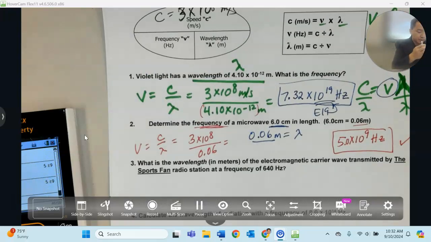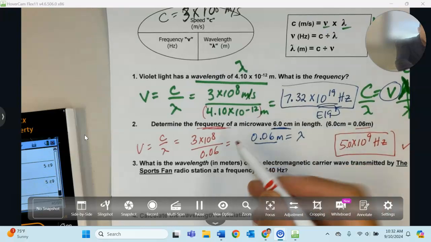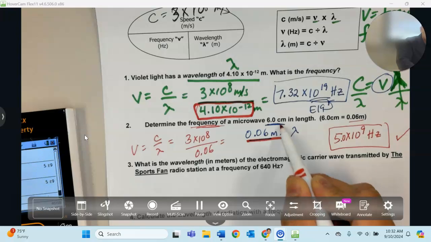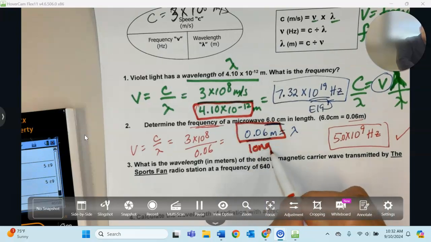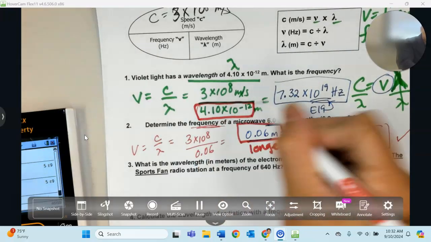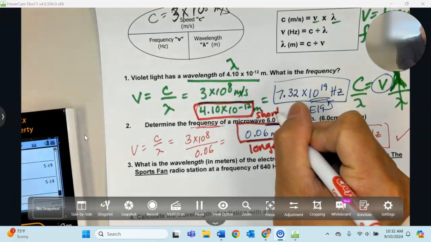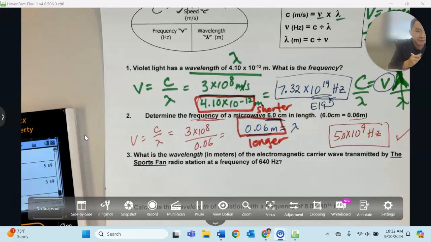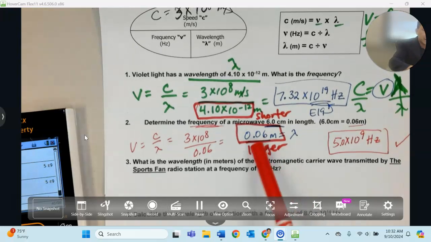So notice the difference here. The key point we want you to get out of this lesson in this class is that this wavelength here is shorter than this. This is longer. Longer wavelength. This is shorter. Because this is 0.000000 with 11 zeros in front, and this one only has 1 zero. Longer wavelength. Guess what?